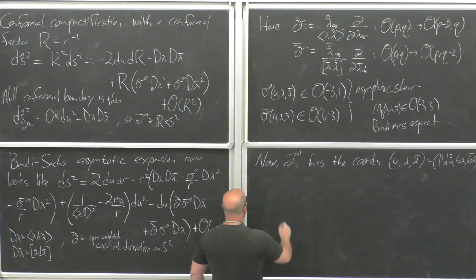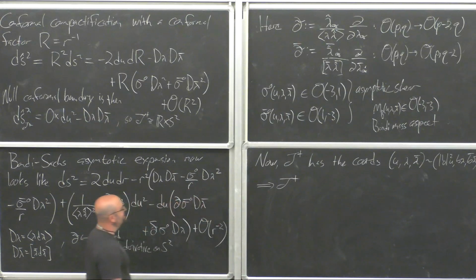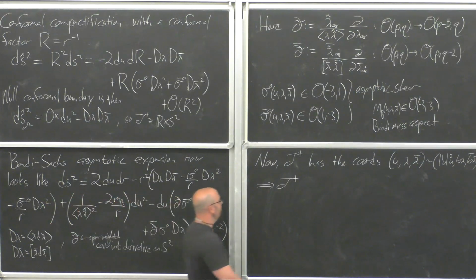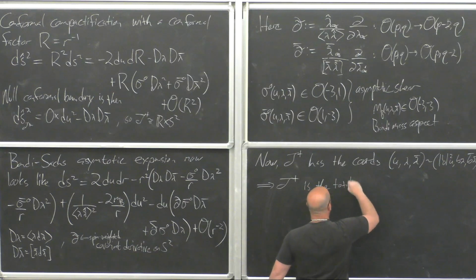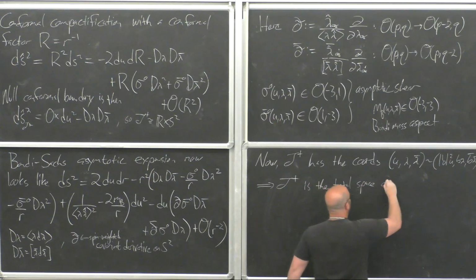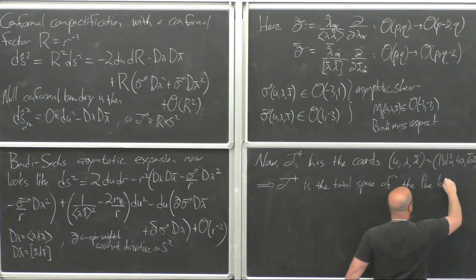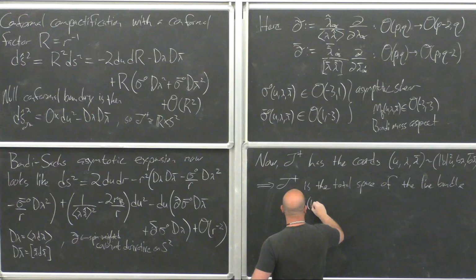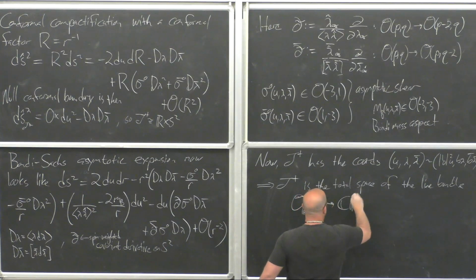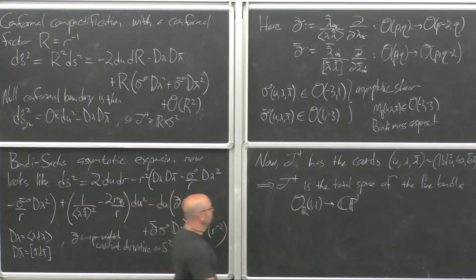And that means that in this kind of homogeneous setup, scri plus is the total space of a line bundle, which we'll call curly O(1,1)_R over CP1. So what is this line bundle?